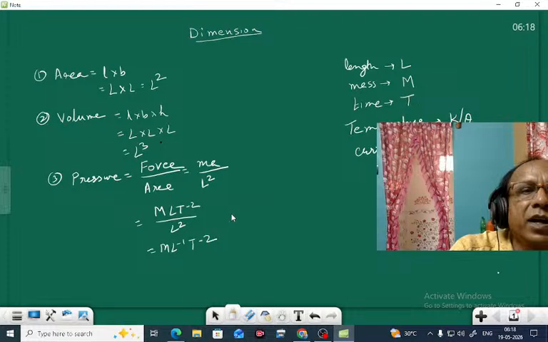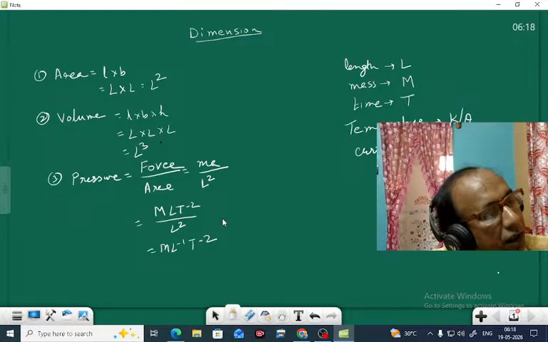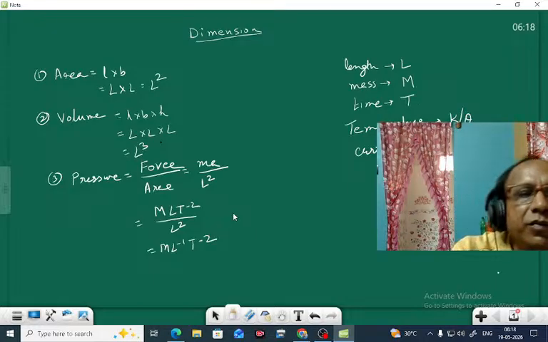In this way you can find all other dimensions. So today we learn about the different applications of dimension, the importance of dimension, why we should use dimension. The first and most important is that we can find all the dimensions like this. Suppose you want to find the dimension of velocity.